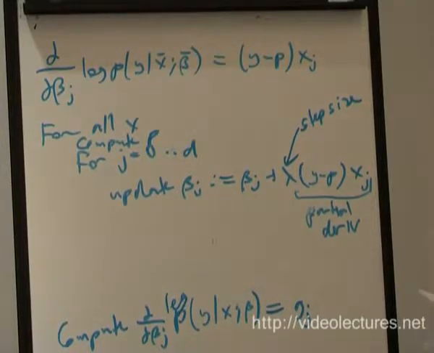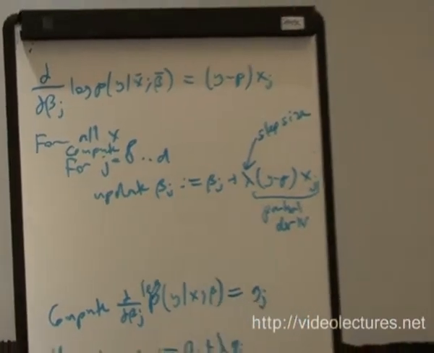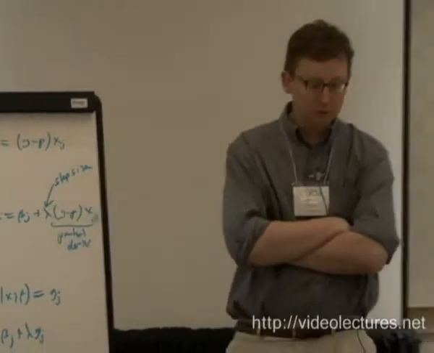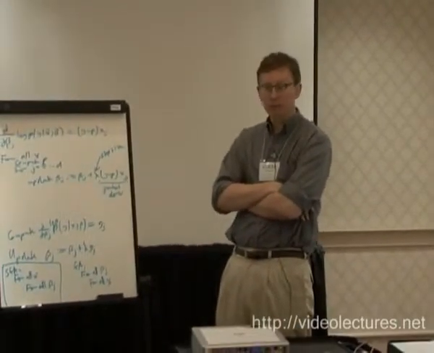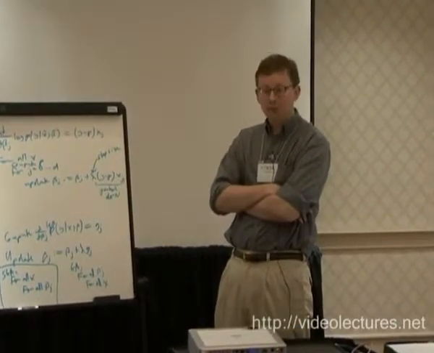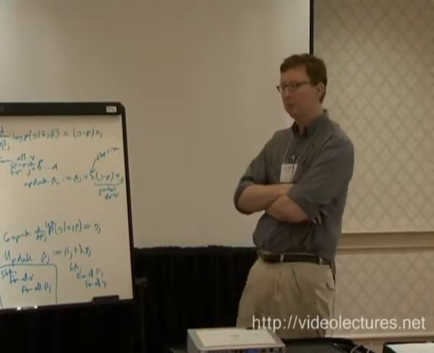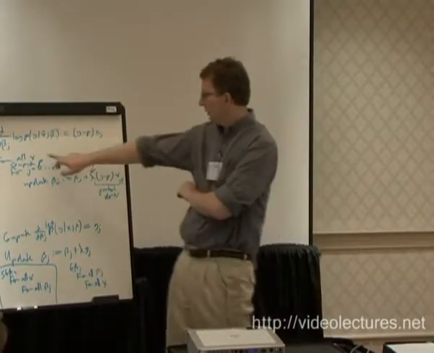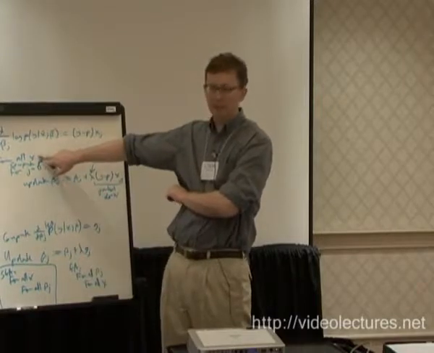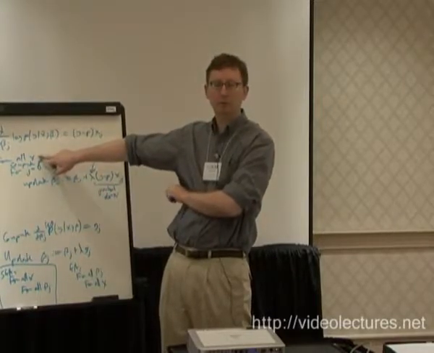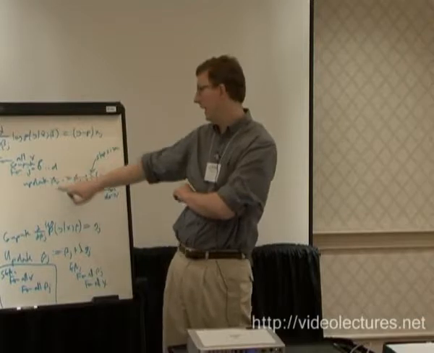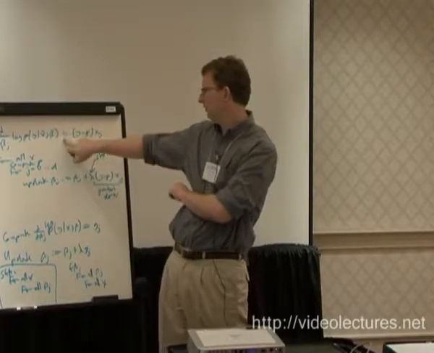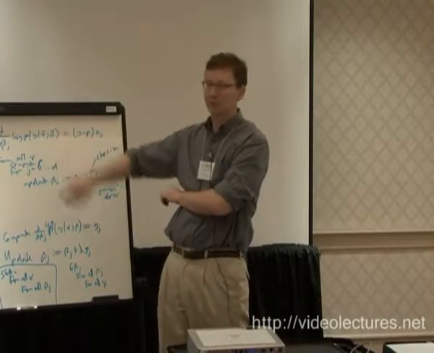Why is it stochastic there? Excellent question. The algorithm itself, or most implementations of it, are not stochastic in any way. It's called stochastic gradient descent because you can think of this example x as being a random sample from the whole training set, and this is the derivative with respect to the single example.